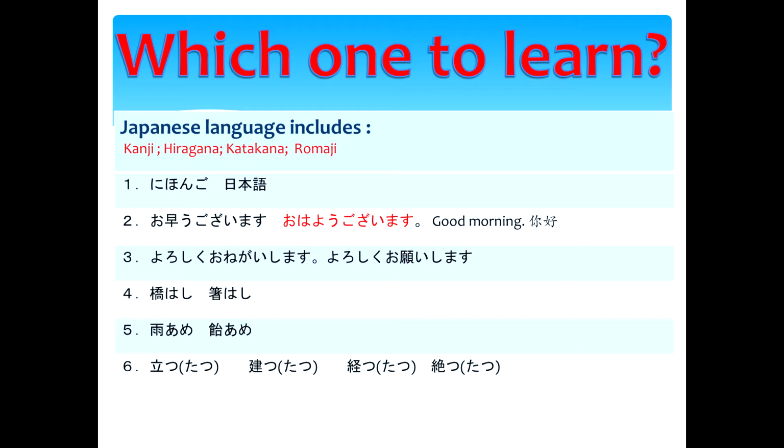So number six, even more meaningful, ta and zi. You see, I only listed some of the most common ones. There are actually a lot more characters, but we hardly use them. The first one, tats means stand. The second, tats means build. The third one, tats means pass, like time passing.